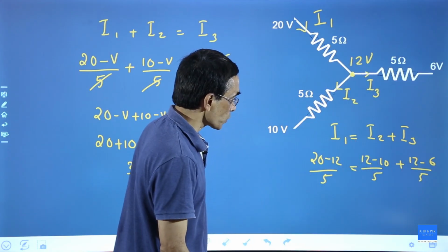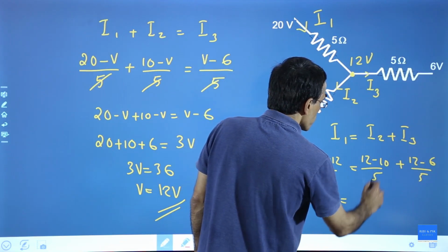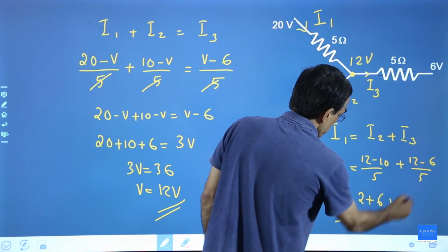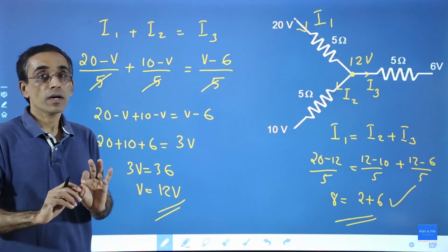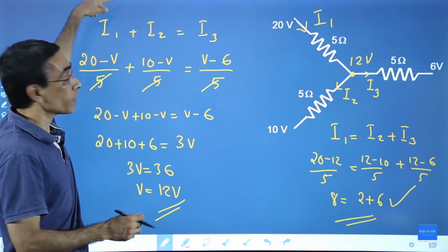And I think this is also correct. All the 5s cancel: 20 minus 12 equals 8, which equals 12 minus 10 equals 2, plus 12 minus 6 equals 6. So you are correct. There is no issue in the calculated value, but the assumption was not correct.